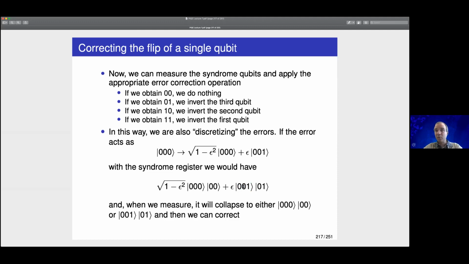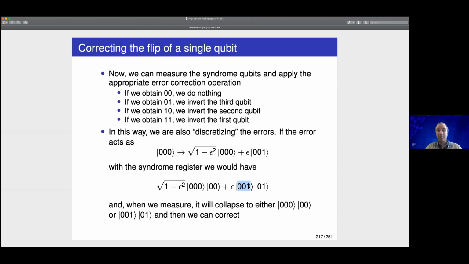And this is entangled with the corresponding state of the qubits that is compatible with this syndrome. So when we measure now these qubits, we are going to obtain either 0, 0 or 0, 1. And since this is entangled with the other part of the state, if we measure 0, 0, the rest of the state is going to collapse to 0, 0, 0. And if we measure 0, 1, the rest of the state collapses to 0, 0, 1, okay?